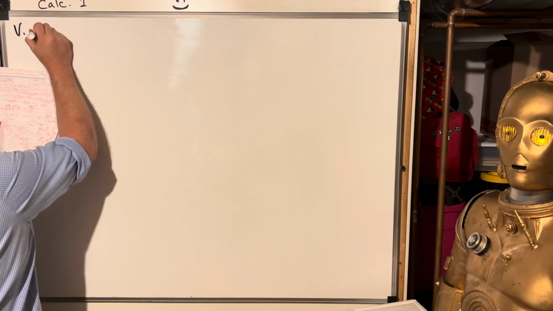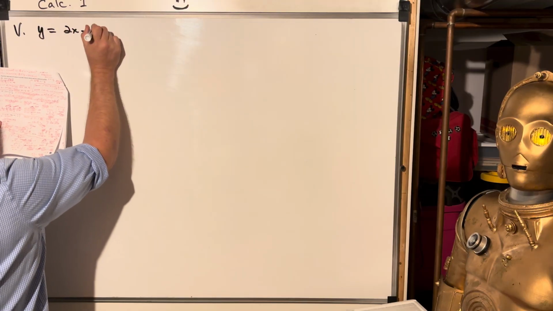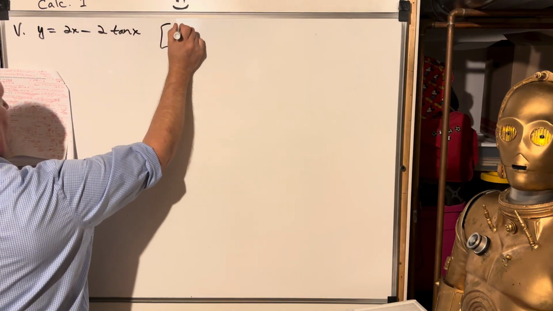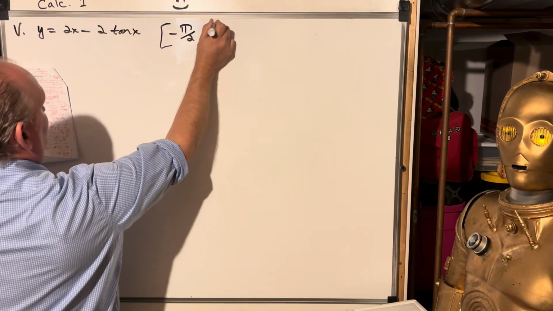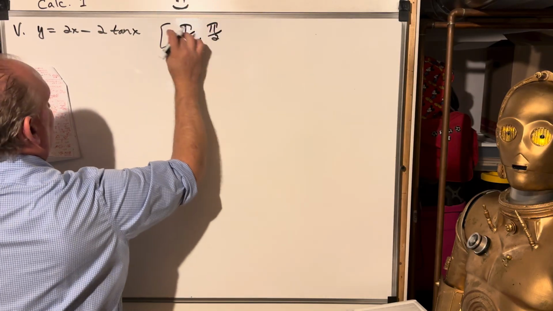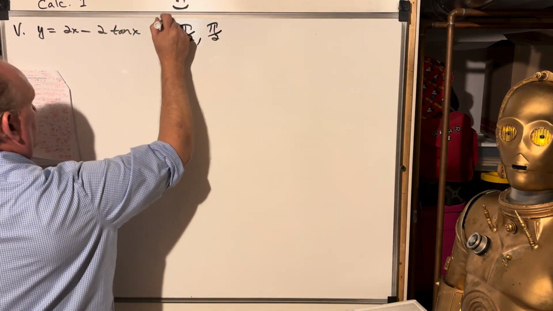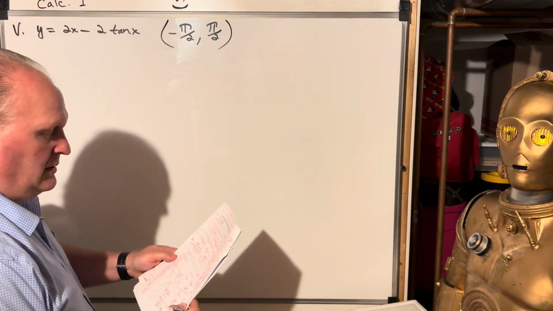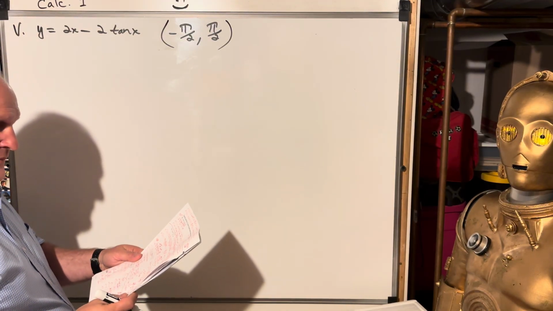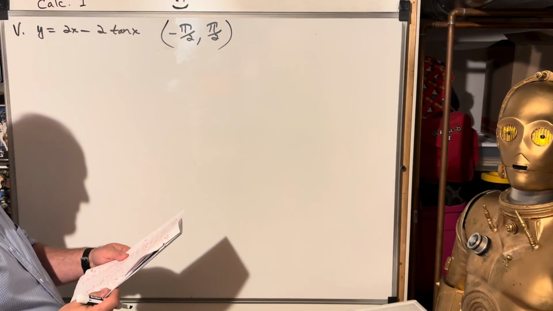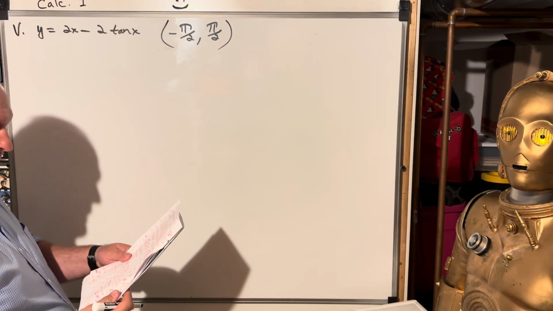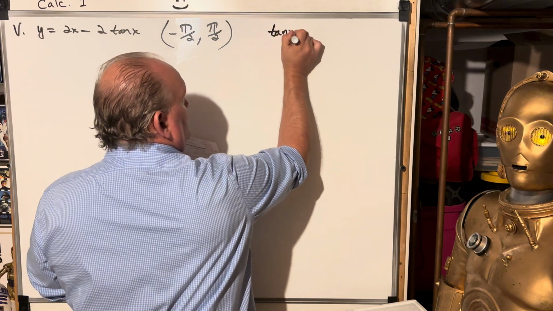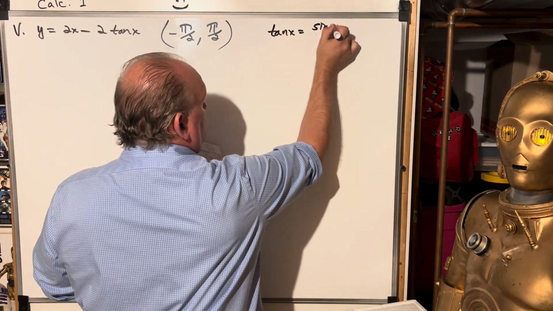All right, so we got y is equal to 2x minus 2 tan x from negative 90 to 90, or negative pi over 2 to pi over 2. Not brackets, parentheses. So our domain: we're worried about where the cosine is 0, because tangent of x is equal to sine over cosine.